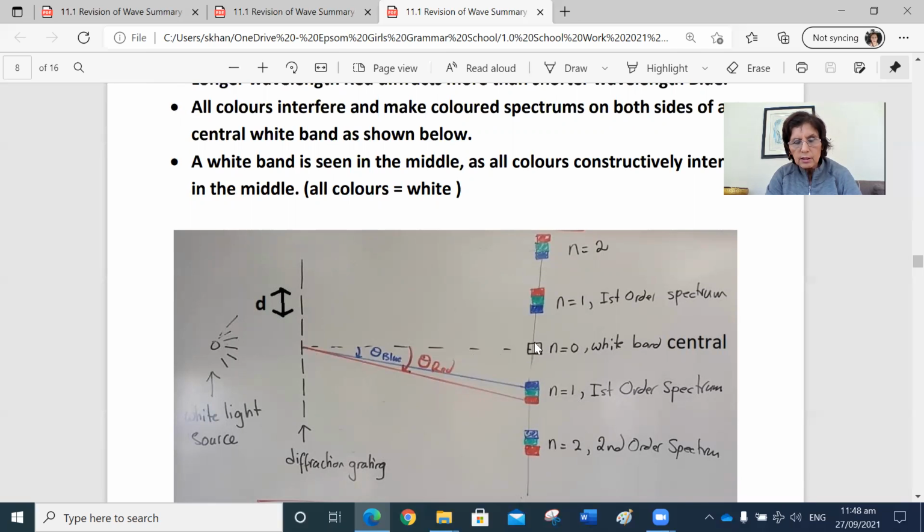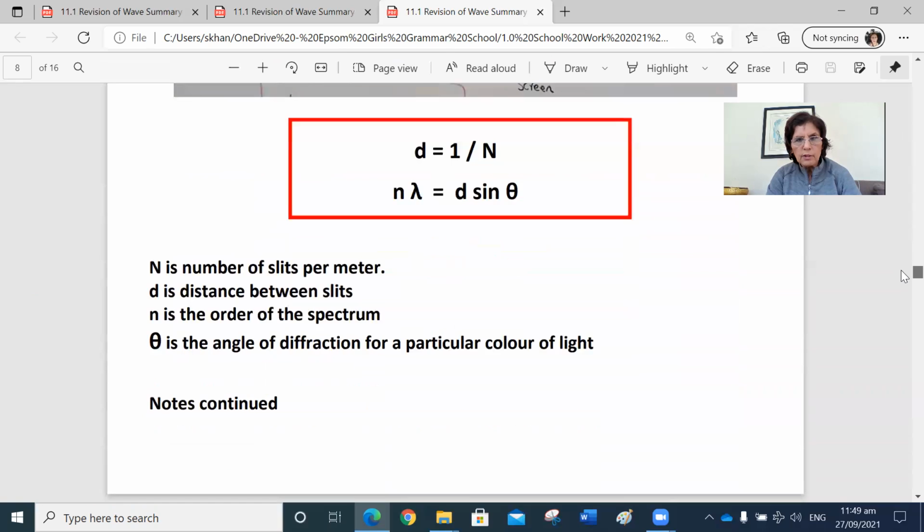All 7 colors are constructively interfering here, making it a white band. Over here, there's destructive interference happening, and here only the blue light is constructively interfering. Here only the green light, or here only the red light is constructively interfering. So that's the pattern with white light.